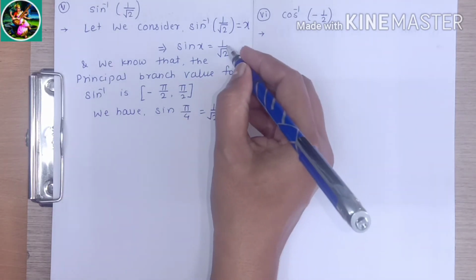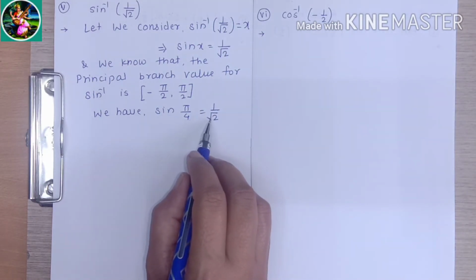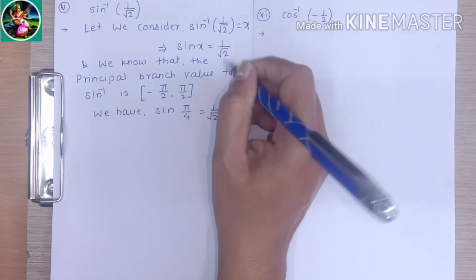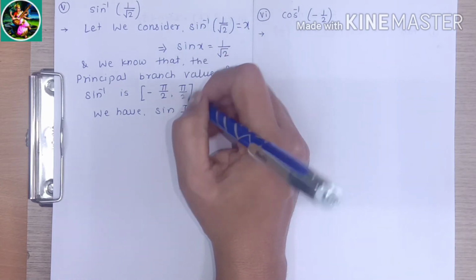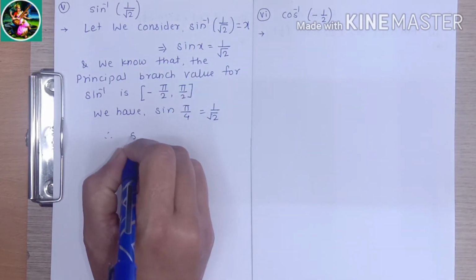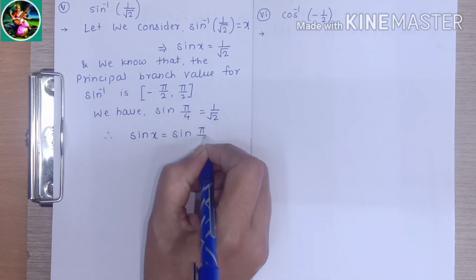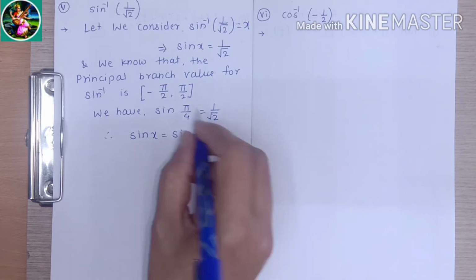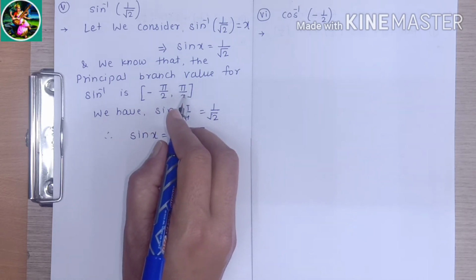Okay, here we have sin x is equal to 1 upon root 2. Here we have sine of pi by 4 is 1 upon root 2. Both the equations have their right hand sides equal. Therefore, we write the equality for their left hand sides. That is, here we get sin x is equal to sine of pi by 4. And that pi by 4 belongs to the given closed interval minus pi by 2 to pi by 2.